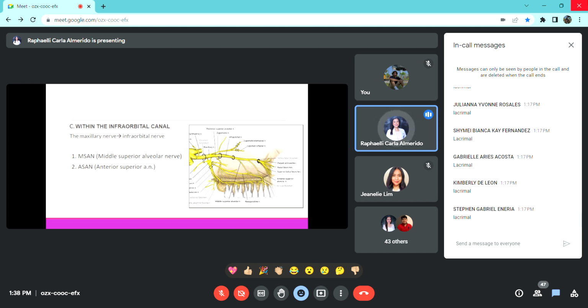So, from the main trunk of the maxillary nerve, let's go back to this diagram, it becomes the infraorbital nerve as it enters the orbital cavity by way of your inferior orbital fissure.